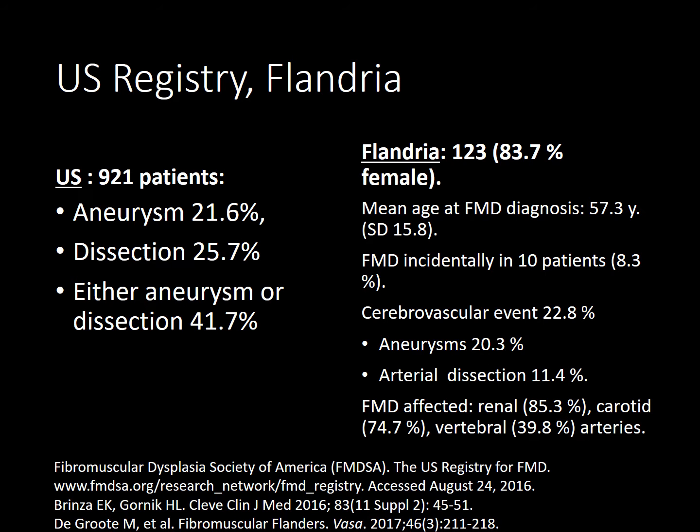We see that in the US and in Flandria, similar percentages were present for aneurysm, dissection, or either aneurysm or dissection, with each of these being present in 1/4 of the patients. So the severe presentation, like aneurysm or dissection, was present in up to half of the patients.